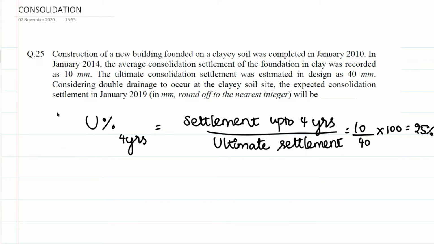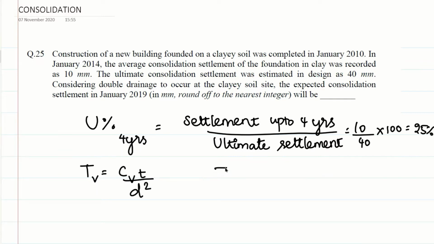So whenever a consolidation up to n number of years is given, and if they are asking you to find out after a few period of time, you have to remember two formulae that relate time factor. So for finding out time factor, you should know two formulae. The one is Tv is equal to Cv t by d square.